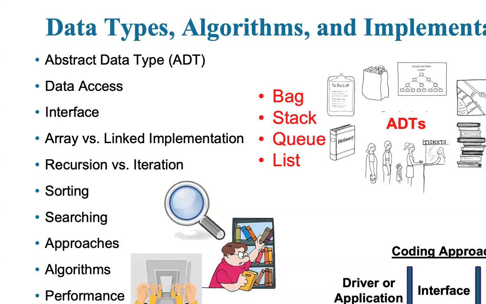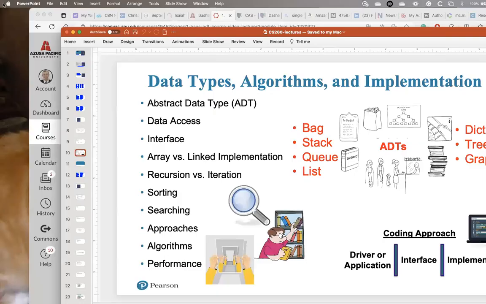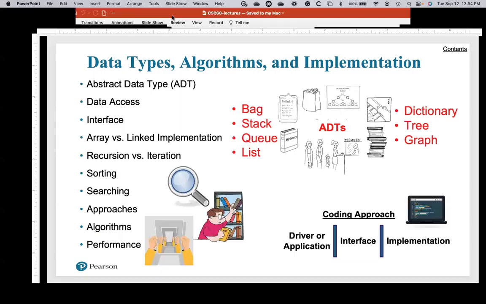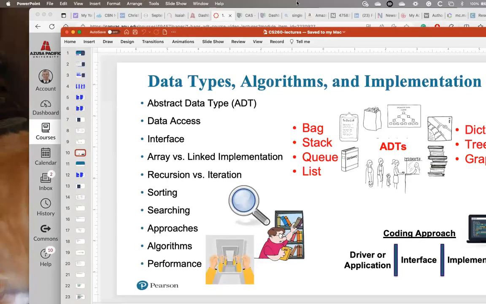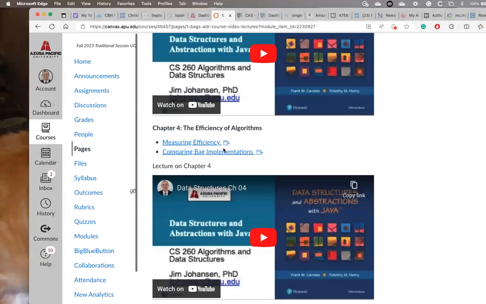I'm going to close out the lecture notes for now and go over to a video, and as we typically have been doing, I'll give a little bit of narration as we go. Basically, for chapter 4, we're going to be reviewing the efficiency of algorithms.